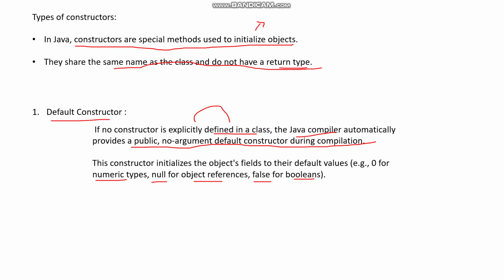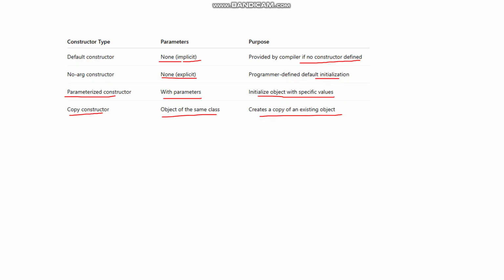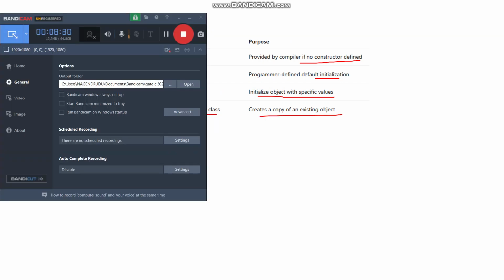The first one is the default constructor: whenever you do not provide any constructor, the compiler provides one. The no-argument constructor also has no parameters, but it is given by the programmer. The parameterized constructor contains parameters with specific values. The copy constructor copies one object's data into another.